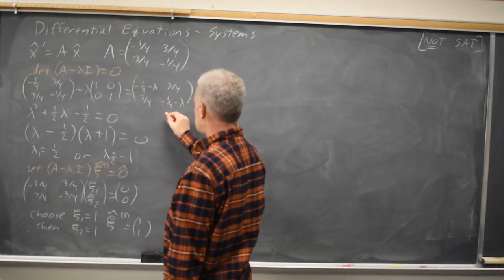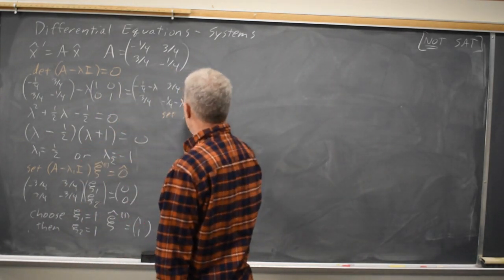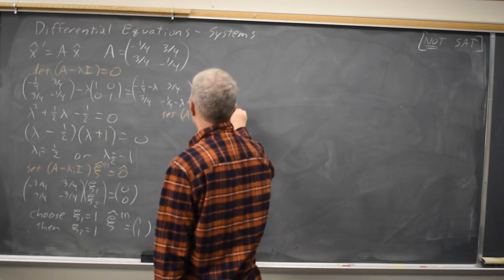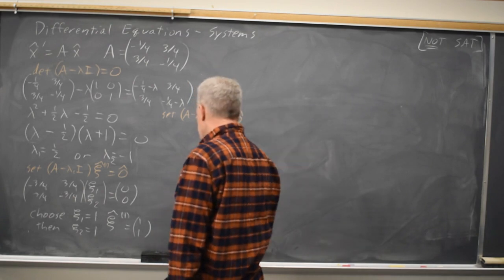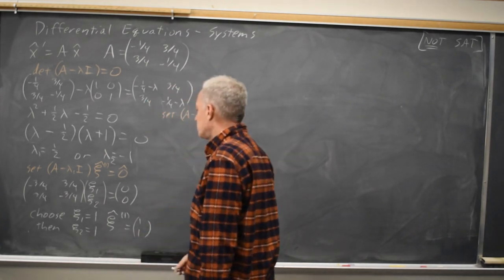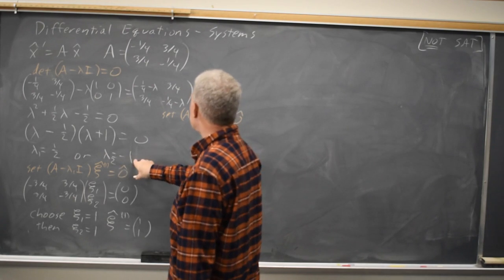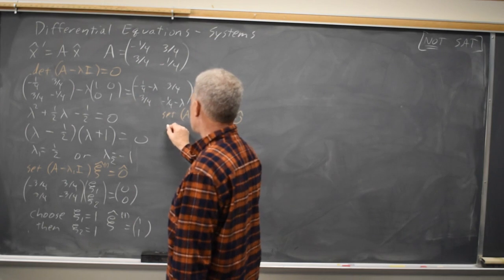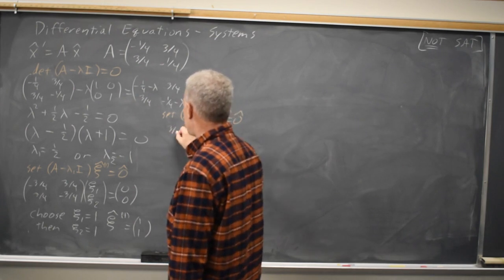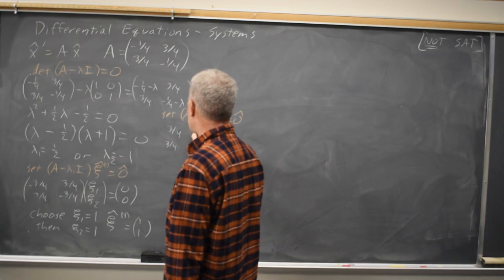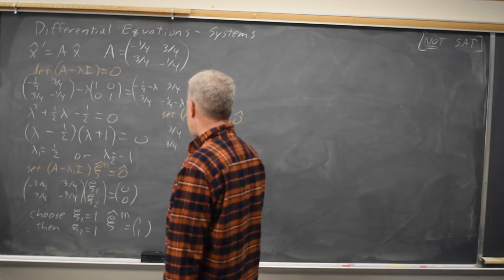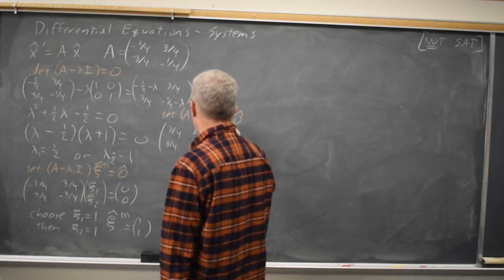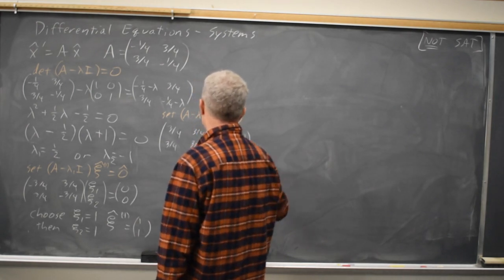Similarly, if we set A minus lambda 2 I times eigenvector 2 equals the 0 vector, we can solve for the second eigenvector. So lambda 2 is negative 1. Negative 1/4 minus negative 1 is 3/4. So we get 3/4, 3/4, 3/4, 3/4 times C1, C2 equals the 0 vector.